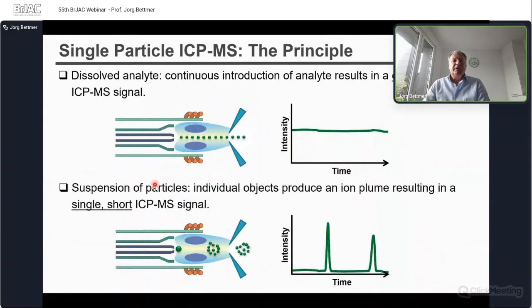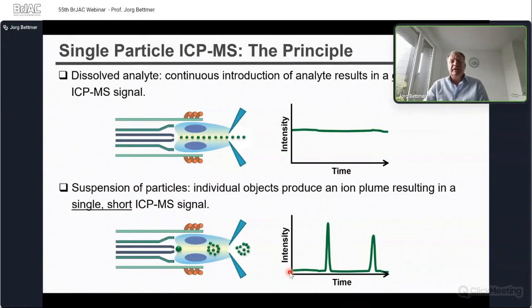If you use a suspension of particles, and the same is true if you use a suspension of cells, which I will come to a little bit later, you introduce individual objects like this particle, and in the ionization source, you will form an ion plume that results in a very single and very short ICP-MS signal.